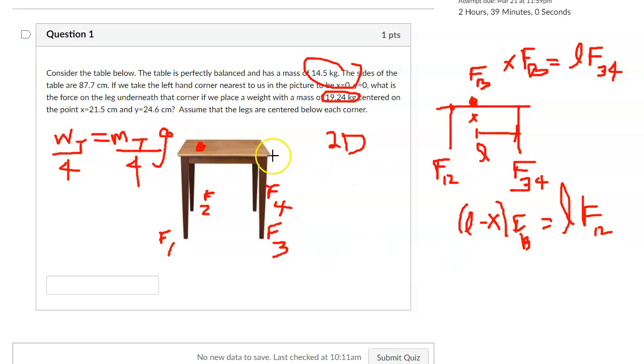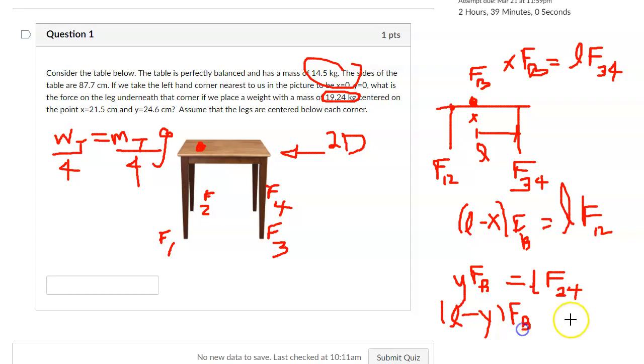And if we look at it from the other end, and we're looking back in the Y direction, we get something very similar. We get Y times FB is L times F24, and we get L minus Y times FB is L times F13.